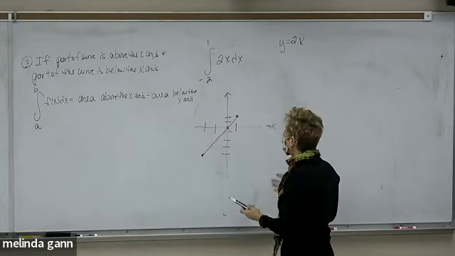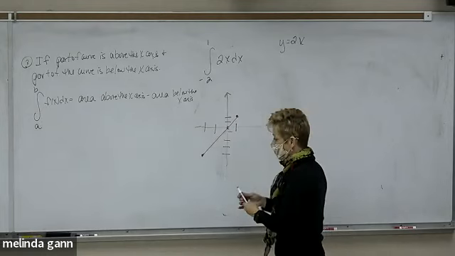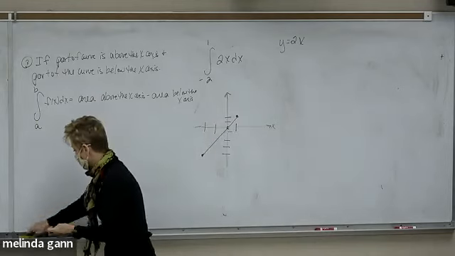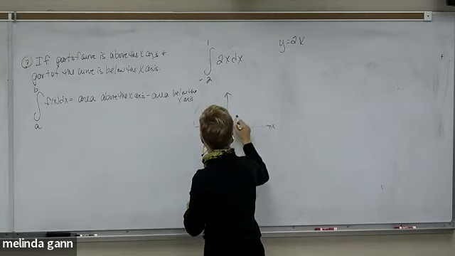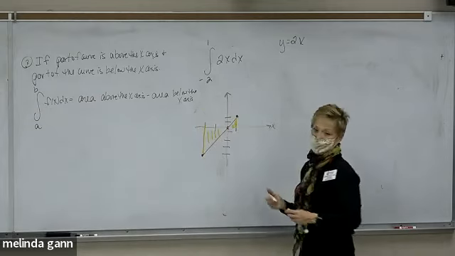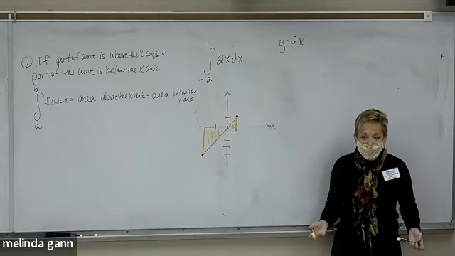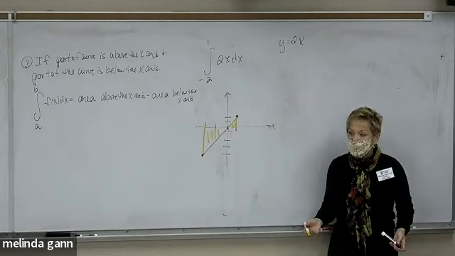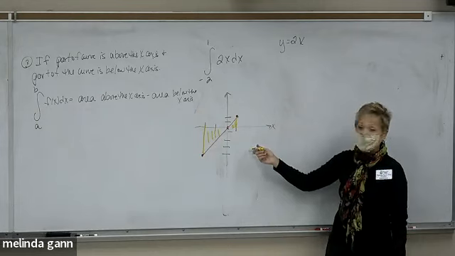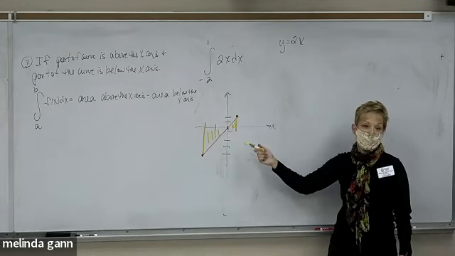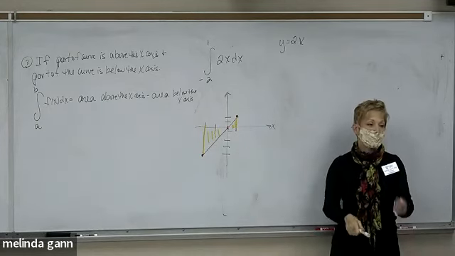See, if they really wanted this area, I wouldn't use calculus at all. What would I use? Geometry. Why? I can give that to a 7th grader and say, find that yellow area, and they should be able to do it.